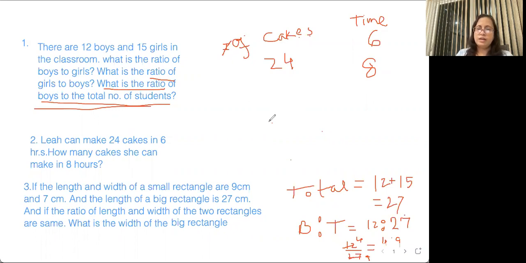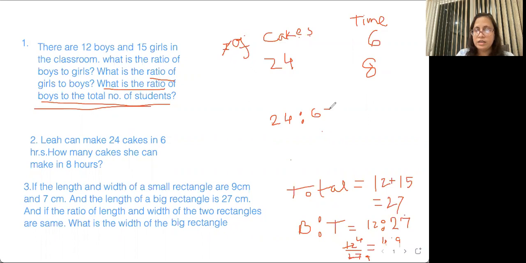So we can write in ratio form or in fractional form. Let's start with ratio form. We will first write the number of cakes, and we are comparing these with the time, that is 6, right?